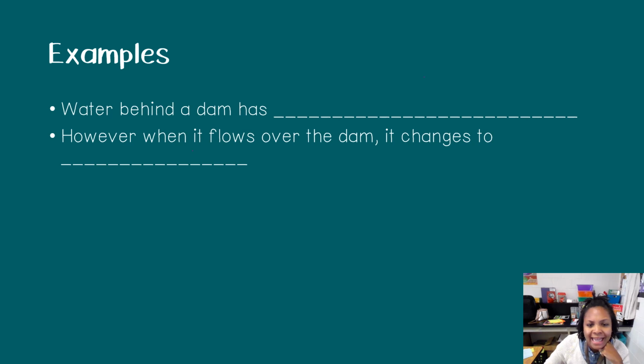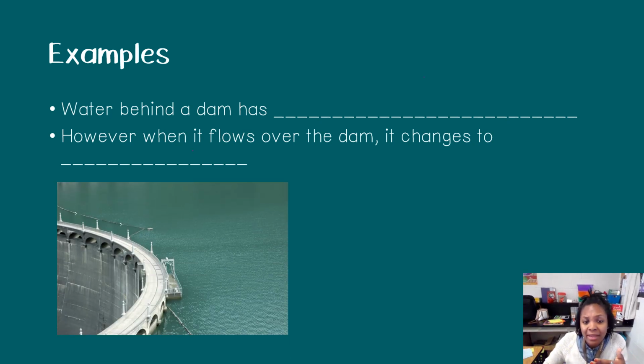So I want you to look at this example. It says water behind a dam has what type of energy? So a dam, it holds water from pretty much flooding an area. So we see in the picture, here's our dam and our water is just sitting there. So what type of energy is this water using behind the dam?